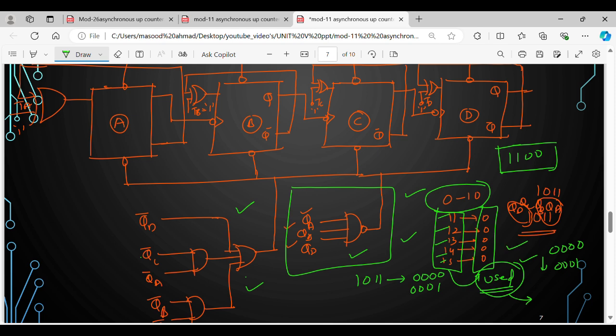So on the whole, this is one solution. This is another solution. This solution has no issues, whereas this solution has an issue. What is that issue? For any unused state, your counter may get stuck. Okay, may.